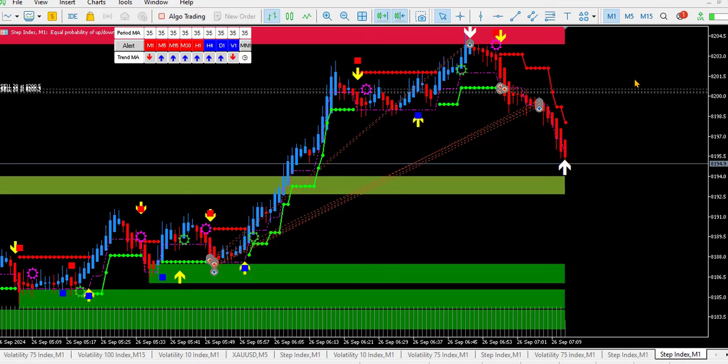It is important that you practice on a demo account before you go live. Do not risk your money going live when you have not tried the strategy on a demo account, which must be from a regulated forex broker.